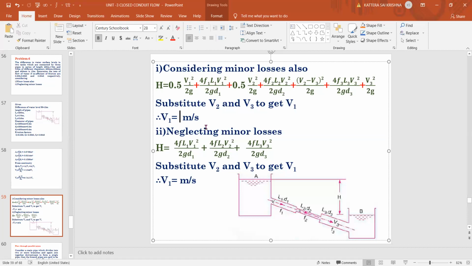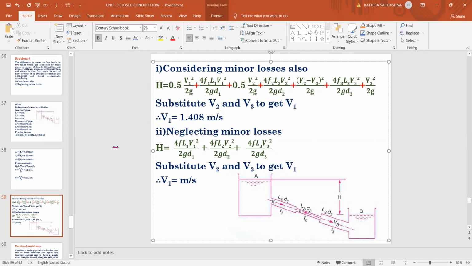Velocity will be very small in meters per second. 1.408.